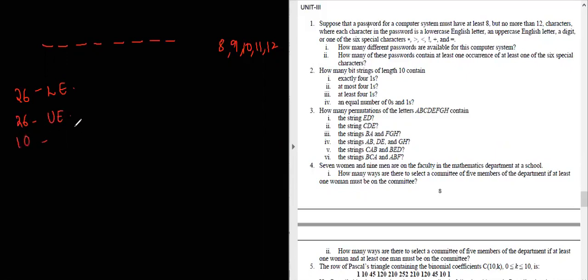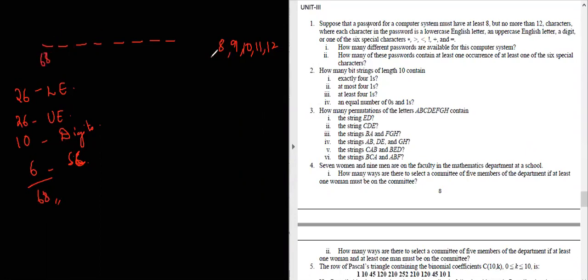We have 10 digits. And then you can have these 6 special characters in the password. So there are 6 special characters. Now, what are the total number of ways we can fill each blank? So 26 plus 26, 52, 68. So we can fill each blank in 68 ways.